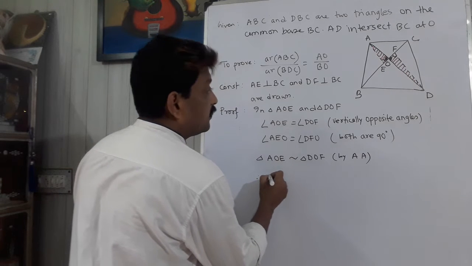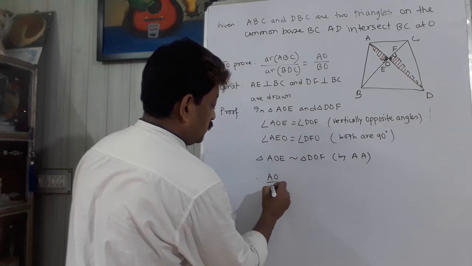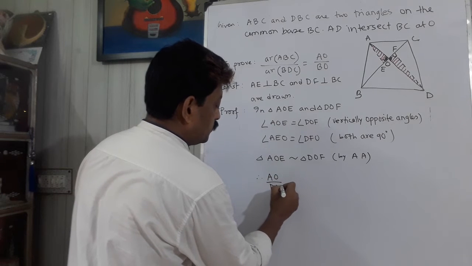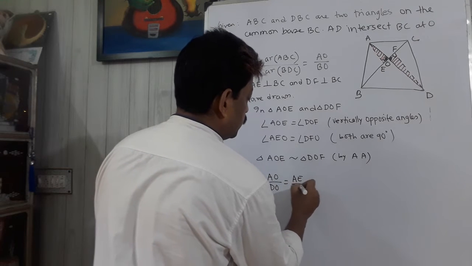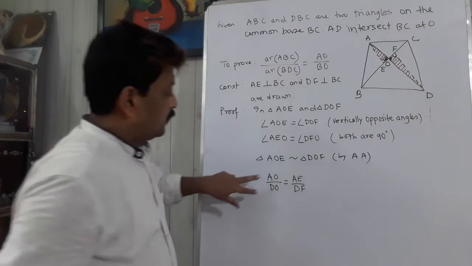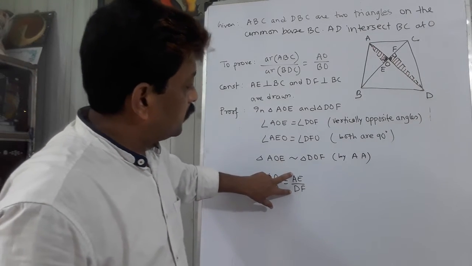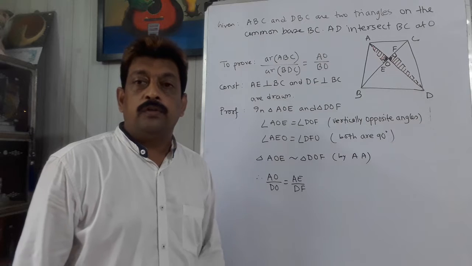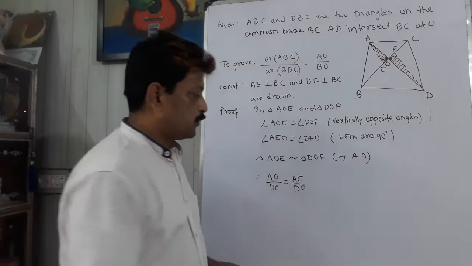Therefore we can write AO upon DO is equal to AE upon DF. Hypotenuse upon hypotenuse equals perpendicular upon perpendicular, as we know that if two triangles are similar, then the corresponding sides are proportional.